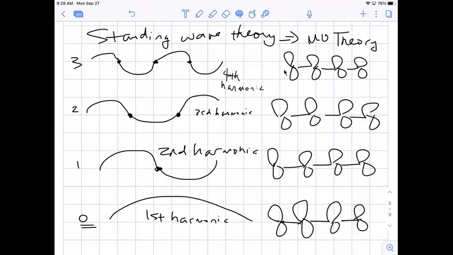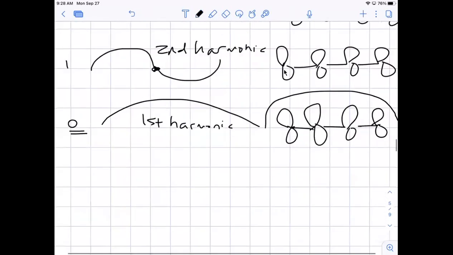All right. So these molecular orbitals are going to have wave-like properties, right? So in that first harmonic, and before we do this, how many of you remember from organic 1, if you have a p orbital, it has 2 lobes, is that right?